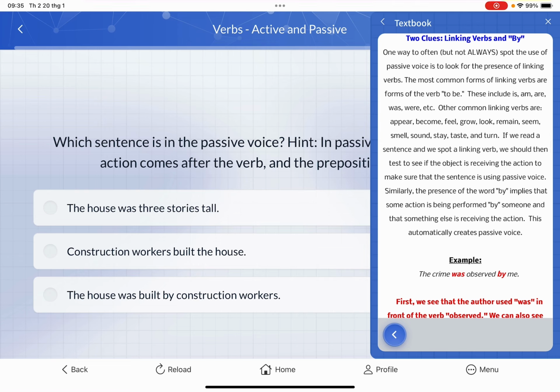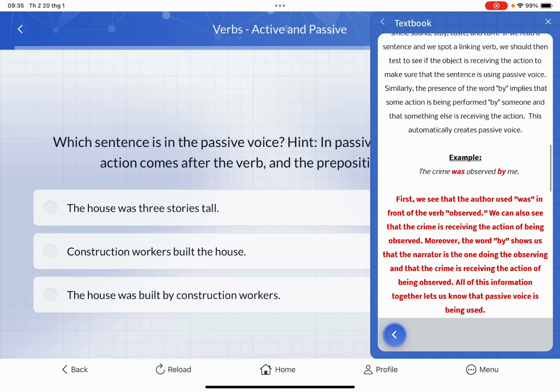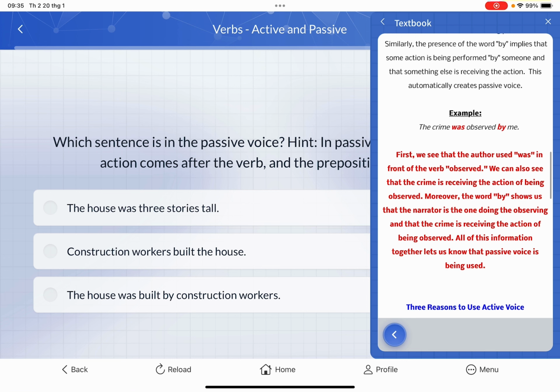Similarly, the presence of the word by implies that the action is being performed by someone, and that something is receiving the action, and this automatically creates a passive voice. For example, the crime was observed by me. First, we see that the author used was in front of the verb observed.